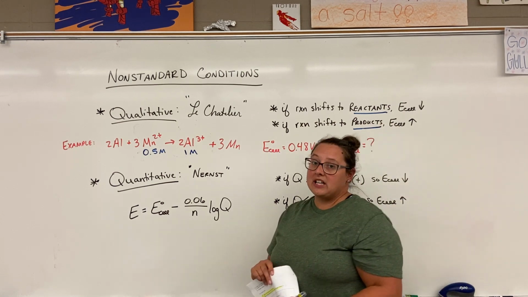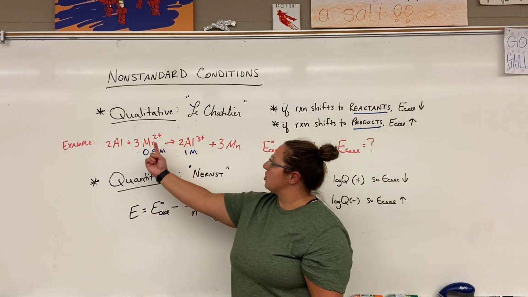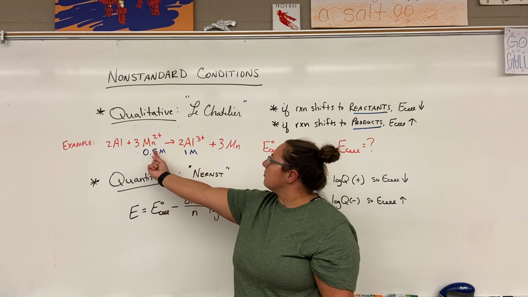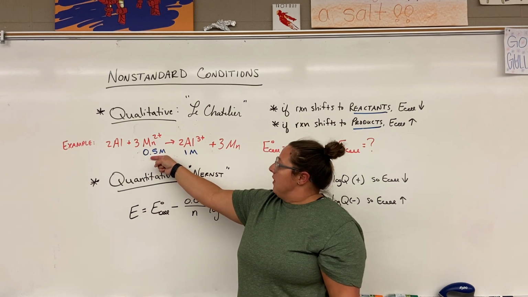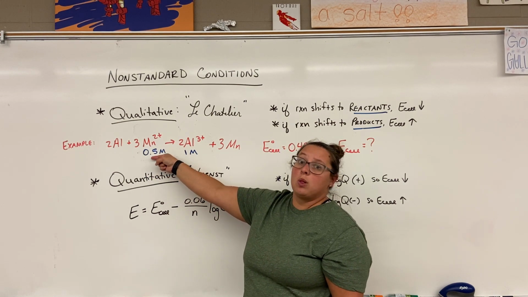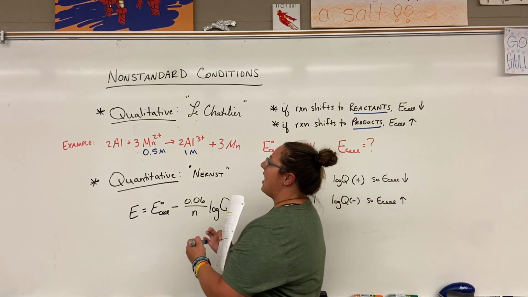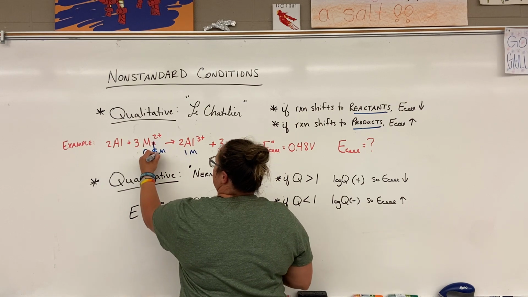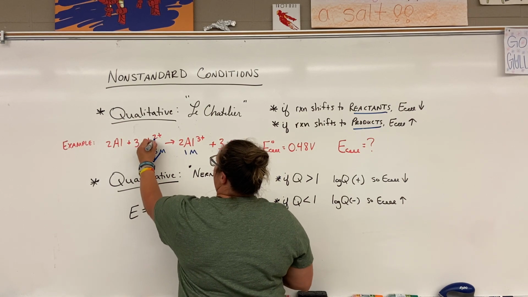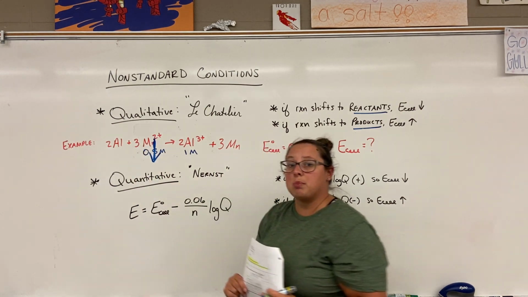So where did we apply the stress? We applied the stress to Mn. What happened? That concentration is now lower than 1 molar. So I have actually decreased the concentration of the Mn2+.